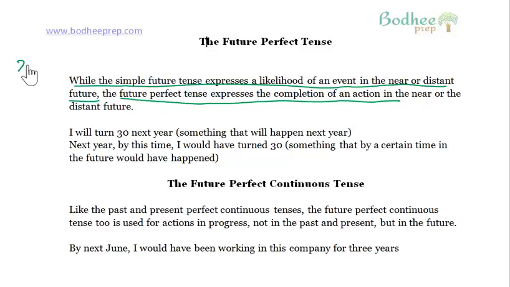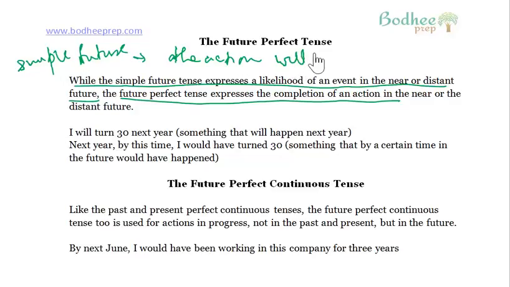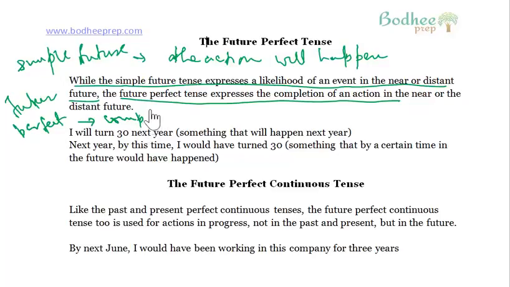So the simple future simply says that the action will happen. Please understand this. The action will happen is what the simple future is concerned about. But the future perfect is concerned about the completion of the action as a whole, right?